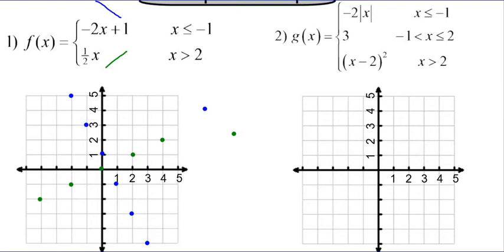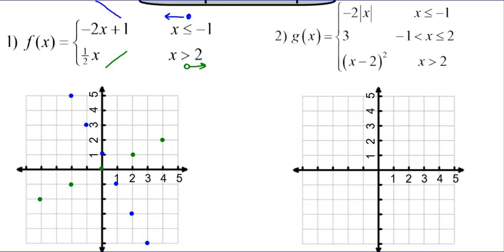And now I want to take my eraser and erase anything that's not in this domain. But before I do that, I want to think about what this domain is saying. This domain is saying that you want to use a solid dot and graph everything that is before -1 on the x-axis. Where this graph is saying use an open circle and graph everything that is after 2 on the x-axis.